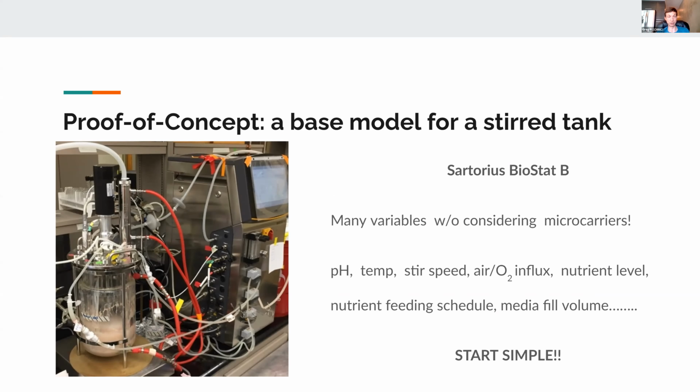But if you wanted to create a model to encapsulate all these different aspects, that's going to be complex, and switching one element of the system you're going to have to understand how that impacts another. And so to create this sort of base model, it seems more important to start with something much simpler. So next slide, please.